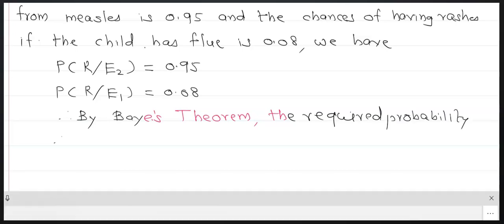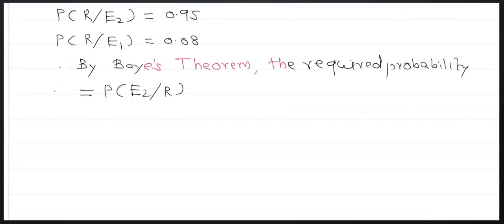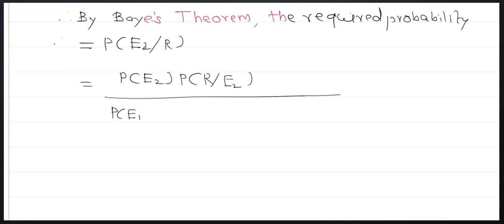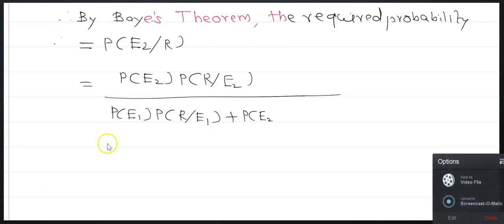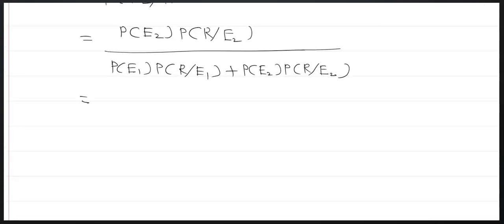the required probability of E2 conditional R is equal to probability of E2 into probability of R conditional E2 upon probability of E1 into probability of R conditional E1 plus probability of E2 into probability of R conditional E2.